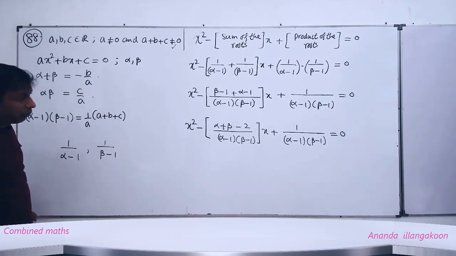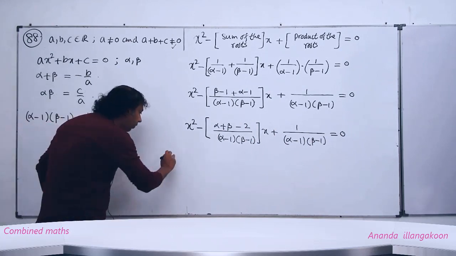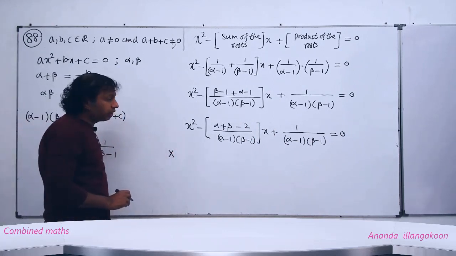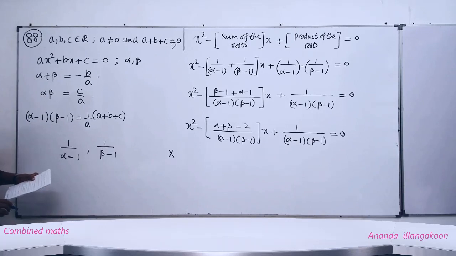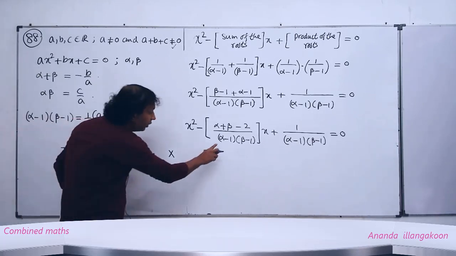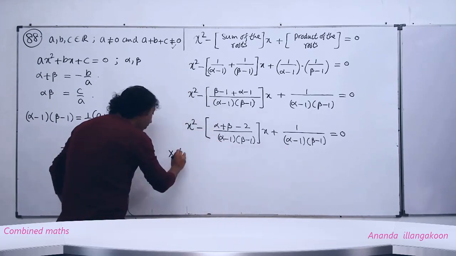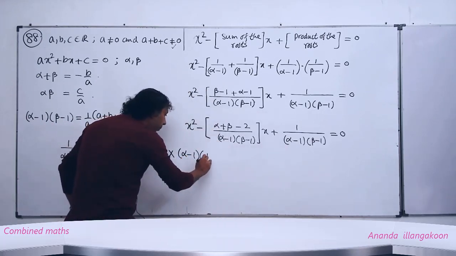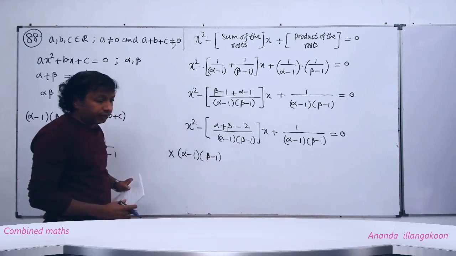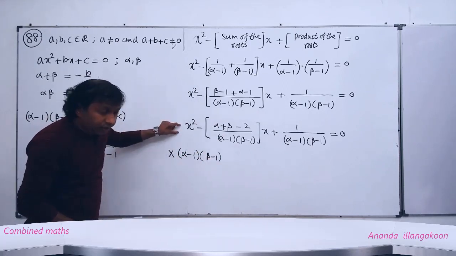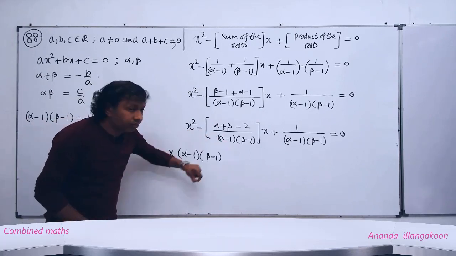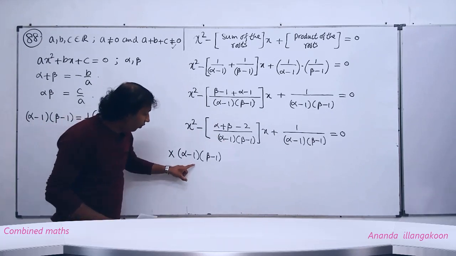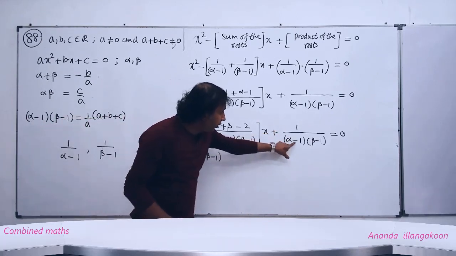Now, before going to the next simplification, I multiply both sides of this by this denominator. We multiply both sides by this alpha minus 1, beta minus 1 product. Then this one we must write before this x squared, the same thing before this bracket. Then that thing we can cancel down with this thing, and this and this will cancel off.